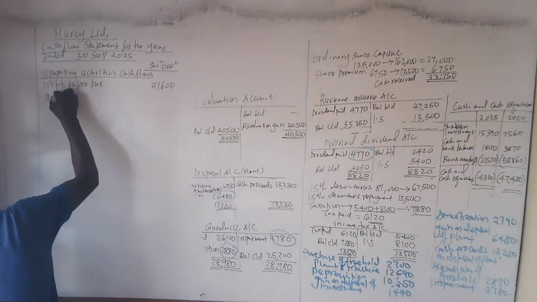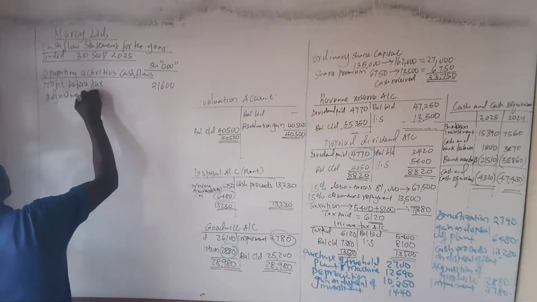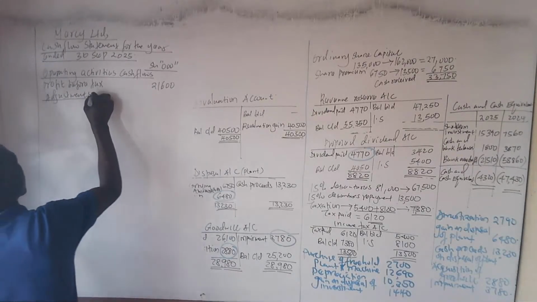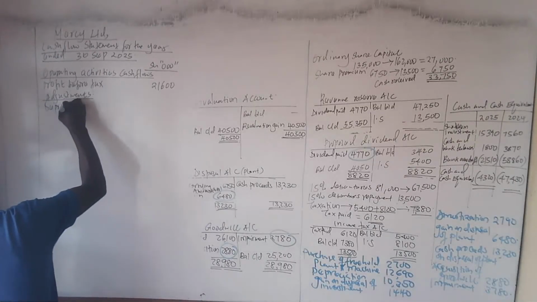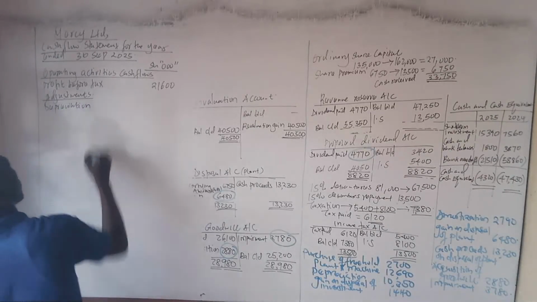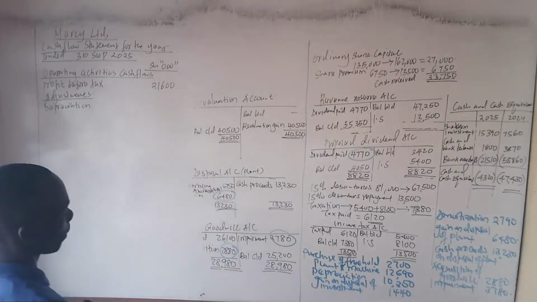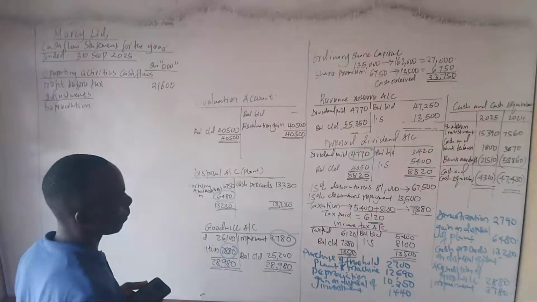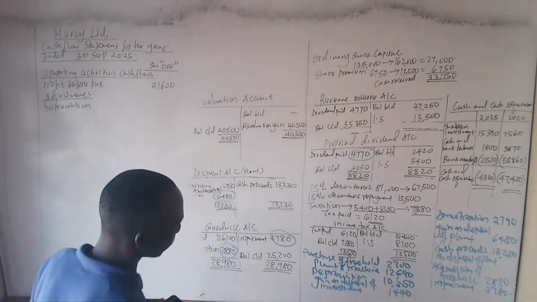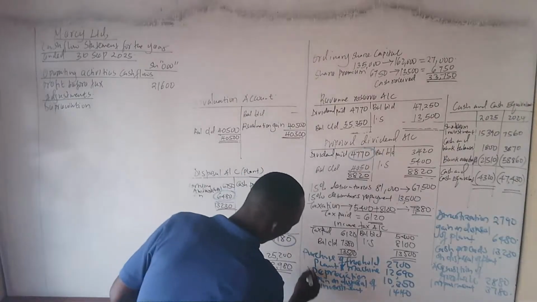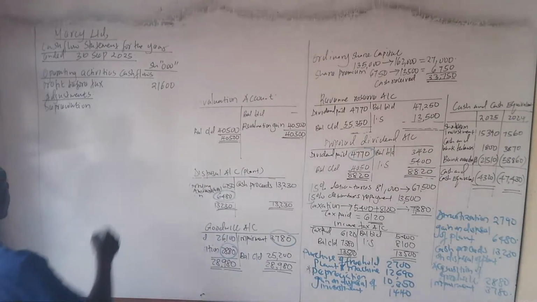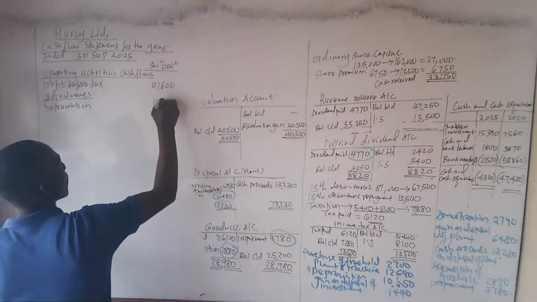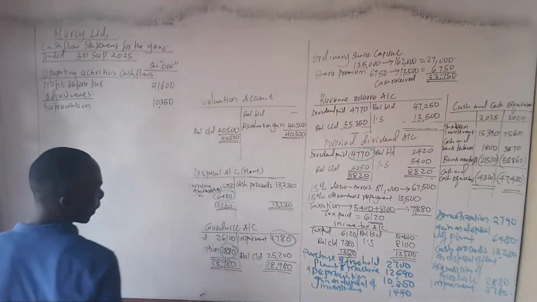Then we have the adjustments, and one is the depreciation. Remember, in the income statement, the depreciation was subtracted as an expense. Now we add it back, an amount of 10,350.